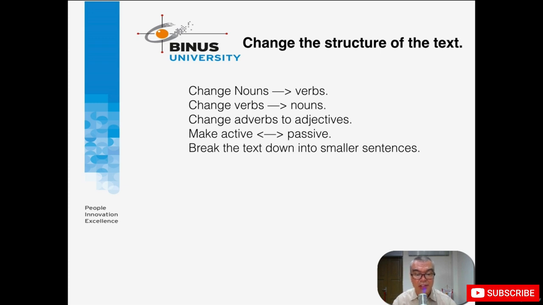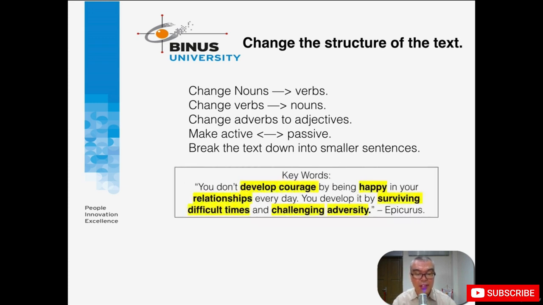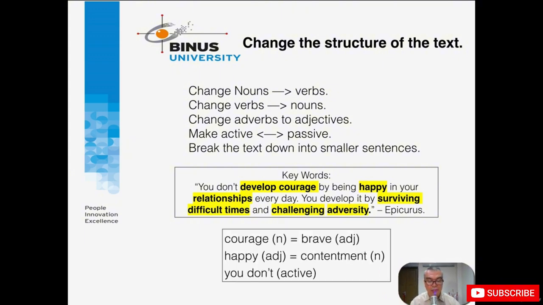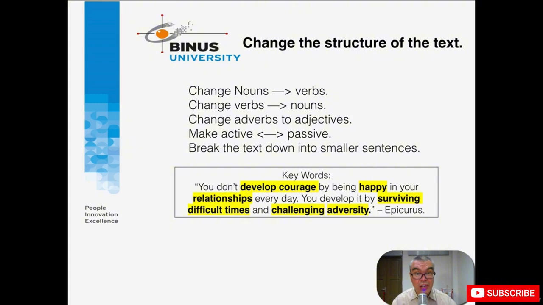Let's look at this example here. This one, you don't, is in the active. If we change courage, which is a noun, brave becomes an adjective. Then happy is an adjective, contentment becomes a noun, and you don't is in the active voice. Going back to our example, we've identified some of the key words and thought about some of the alternative vocabulary you can use.